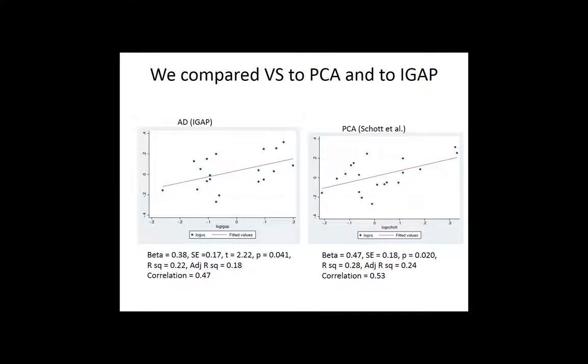And what we find is that the strength of association, with the beta coefficient, is higher with the PCA SNPs than with the Alzheimer's disease SNPs. The R squared is higher for the PCA SNPs. The correlation coefficient is higher.